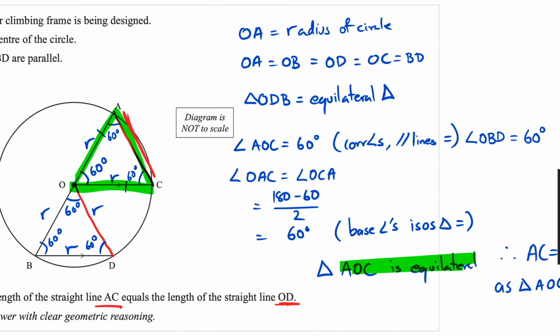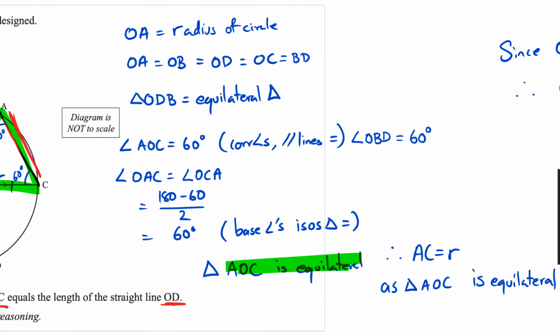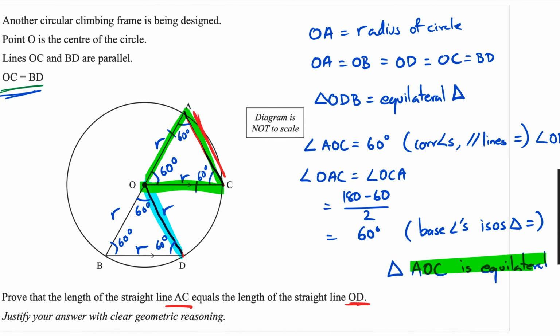So if you look at it, OD is the radius right here. So if that's the radius, which is R, since OD equals R and AC equals R, therefore OD equals AC. And I think that's what we were trying to prove.